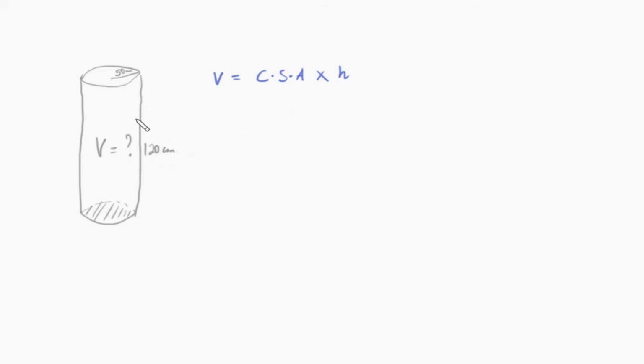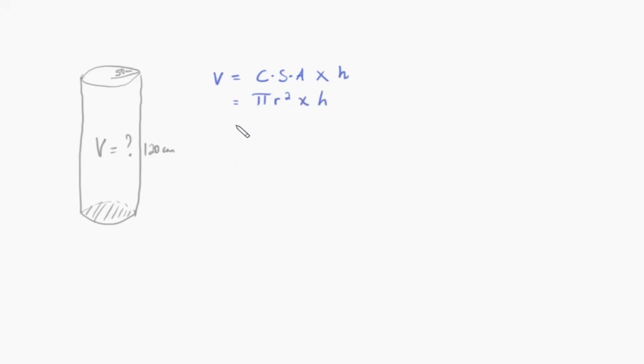The height, because our cylinder is upright. Now, since the cross-sectional area is a circle, that means the cross-sectional area here will be the area of a circle, which would be pi radius squared, times the height of the cylinder.